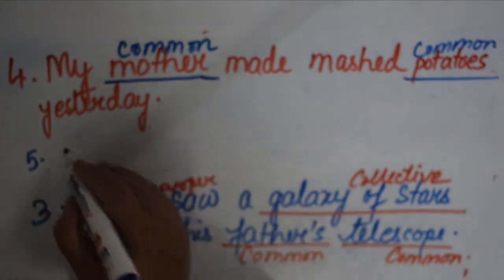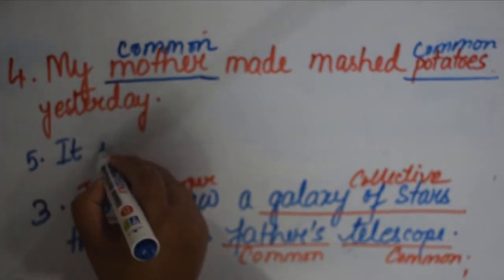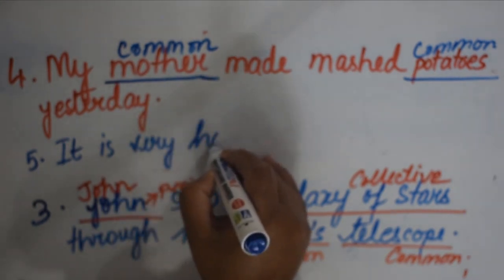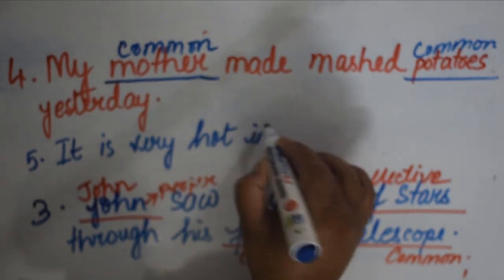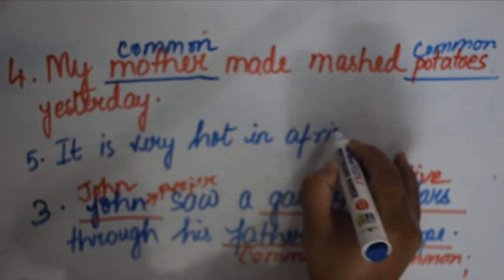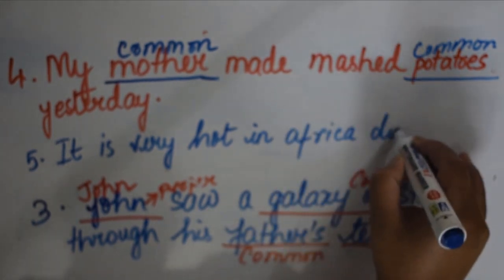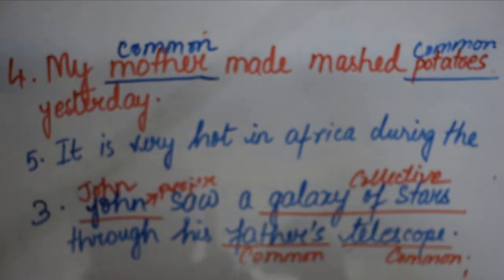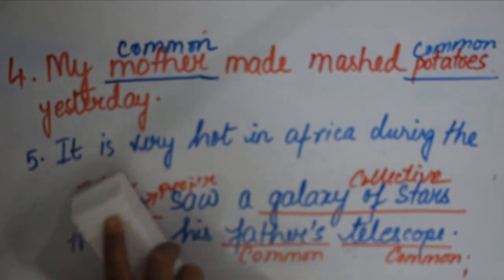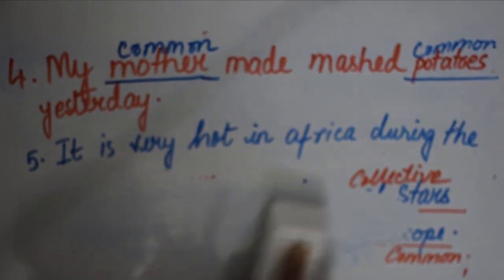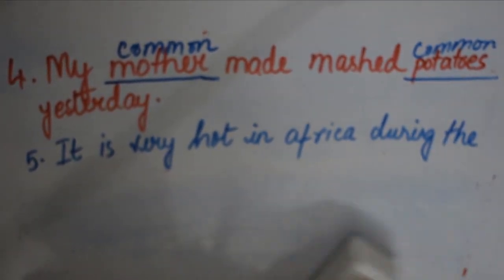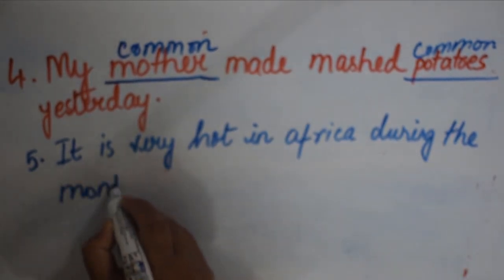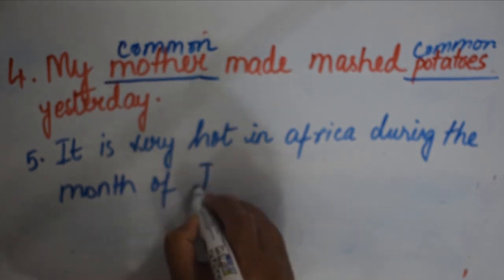Fifth sentence was, it is very hot in Africa during the month of June.